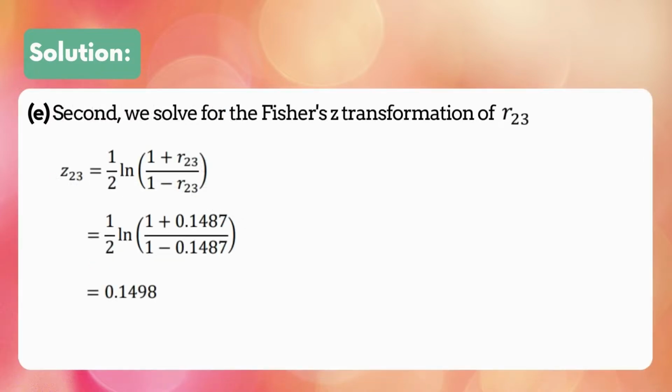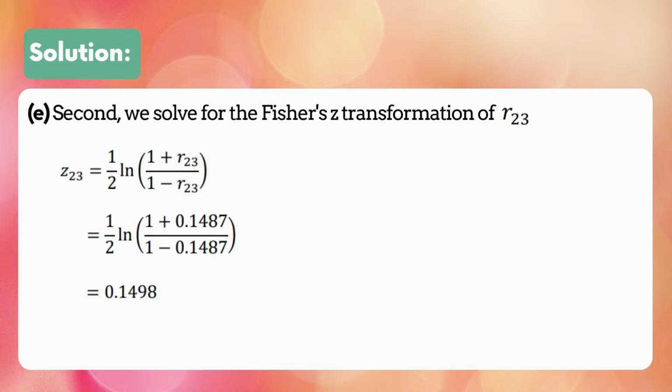Second, we solve for the Fisher's Z transformation of the sample correlation coefficient between x2 and x3 as follows. 1/2 times the natural log of (1 plus the sample correlation coefficient of x2 and x3) divided by (1 minus the sample correlation coefficient of x2 and x3).